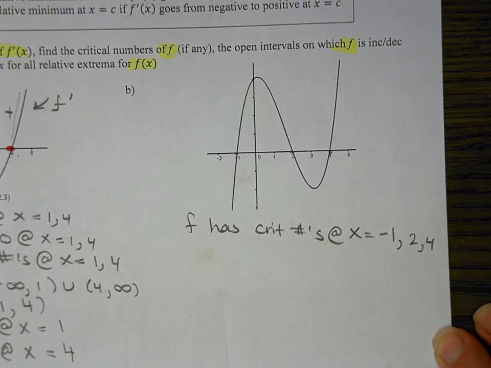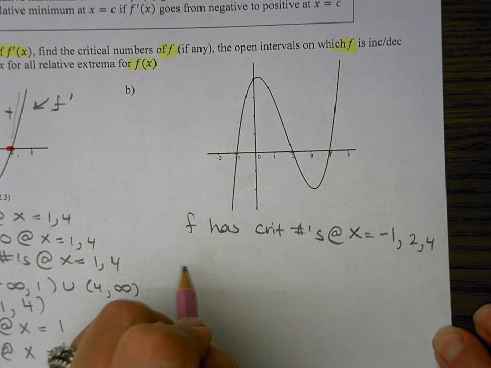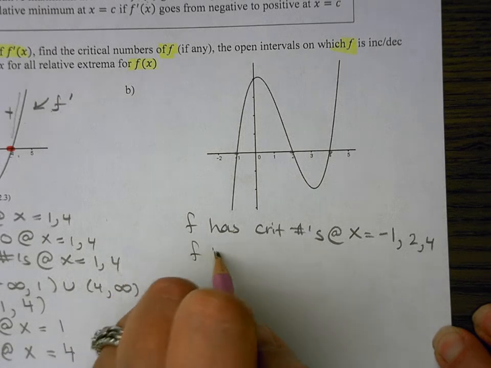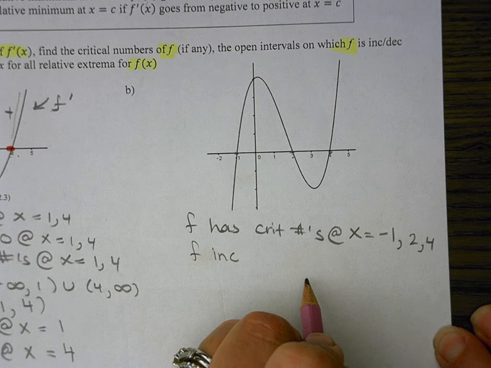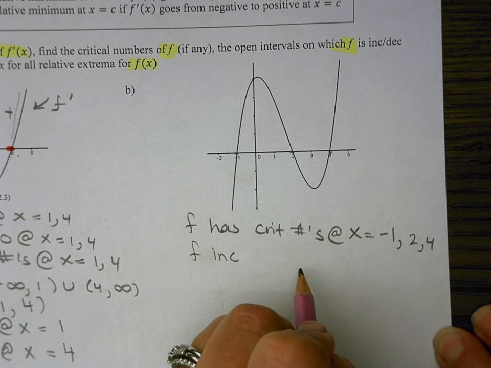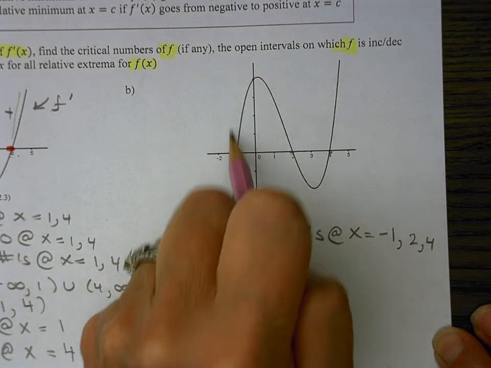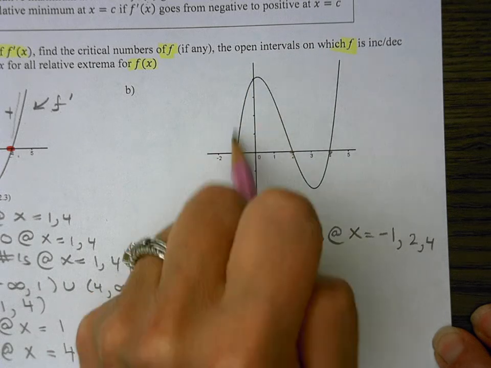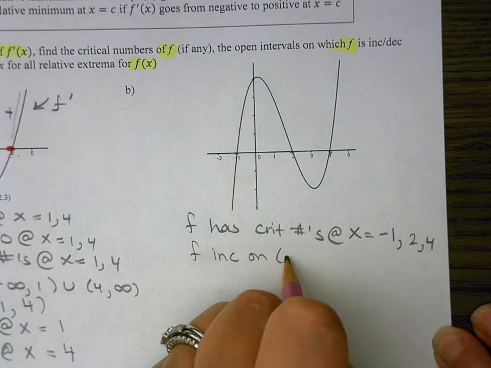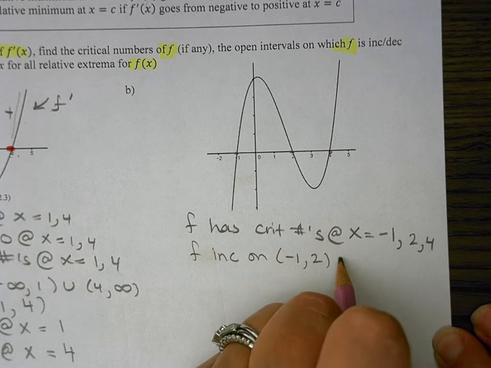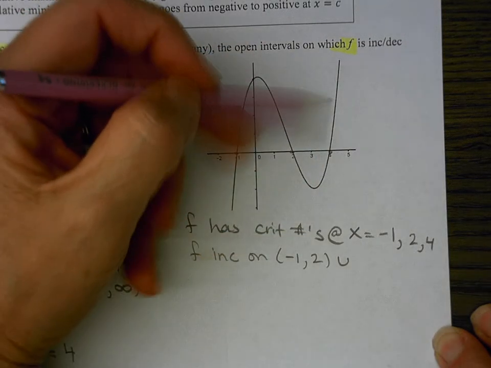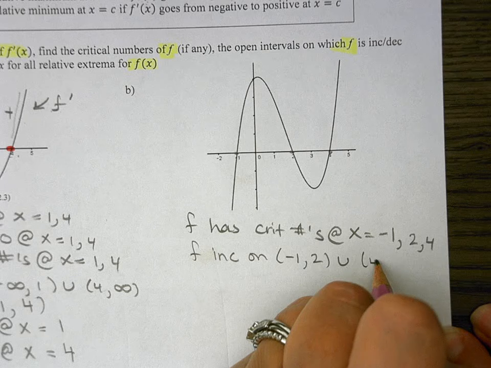Where is f increasing? f is increasing whenever f prime is positive. I'm looking at the definition. So where is f prime positive? When it's above the x-axis, so that would be here, from negative 1 to 2, and then again here, from 4 to infinity.